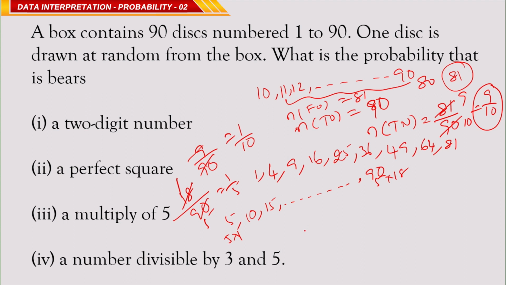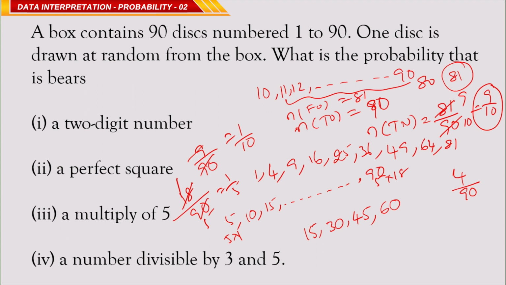So 15, 30, 45, 60, that's all. So the favorable outcomes is how much? 1, 2, 3, 4, so 4. The total outcomes is 90, so 4 by 90.